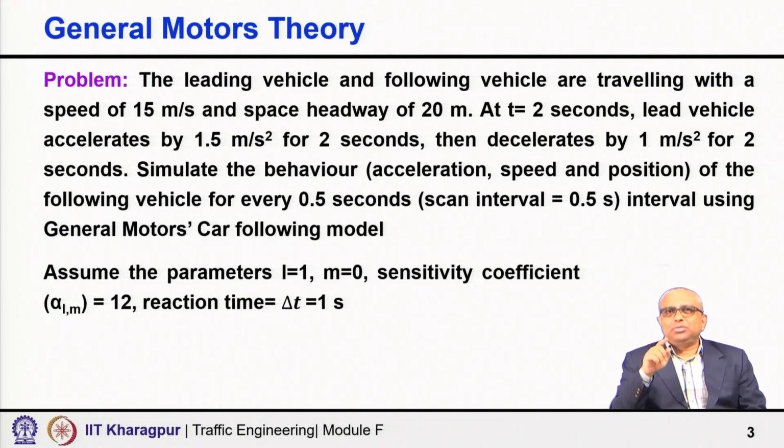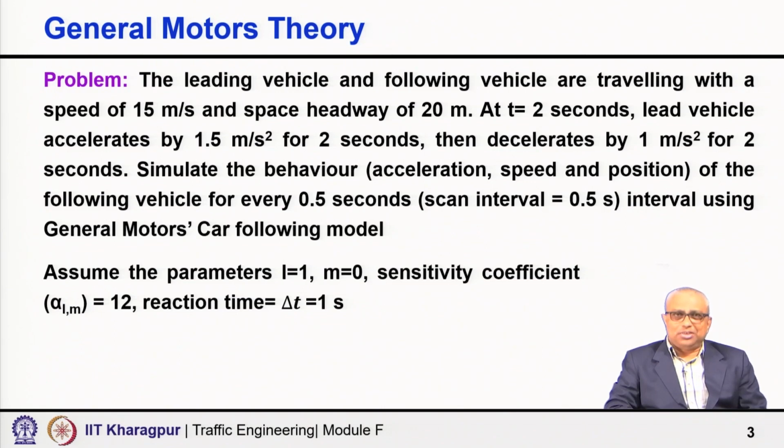Then at time t equal to 2 seconds, the lead vehicle accelerates by 1.5 meter per second square for 2 seconds and then further decelerates by 1 meter per second square for the next 2 seconds. With this background, we want to simulate the behavior.